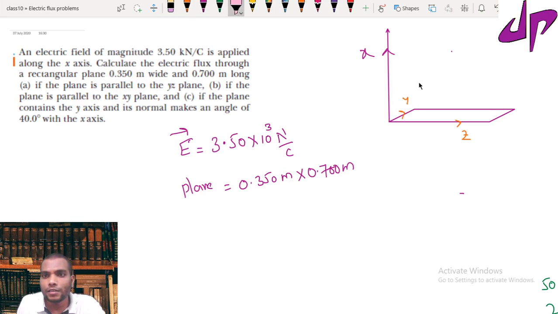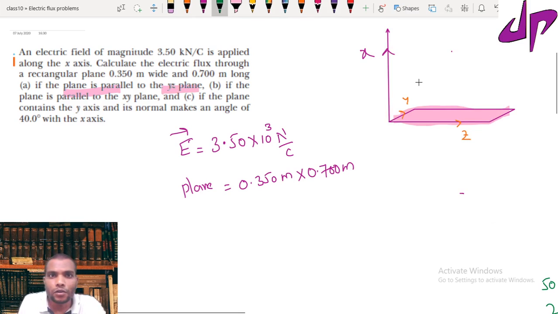Now if I highlight this plane, this is the YZ plane.